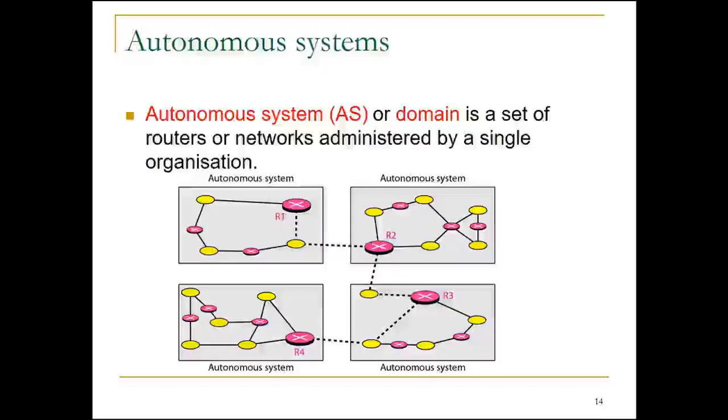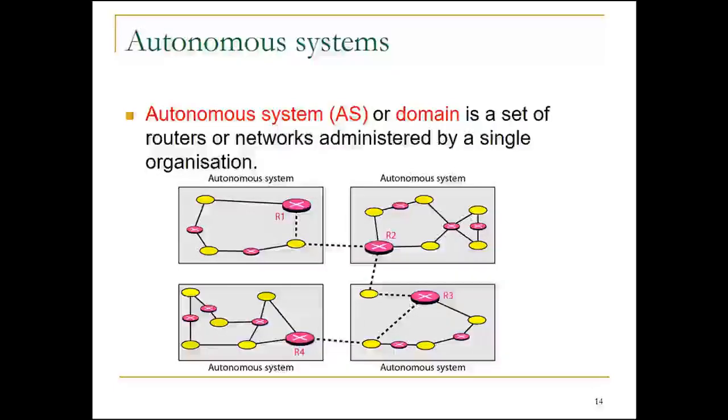Autonomous systems also play another role in determining routing protocols. An autonomous system is a network domain, involving sets of routers or networks administered by a single organization.